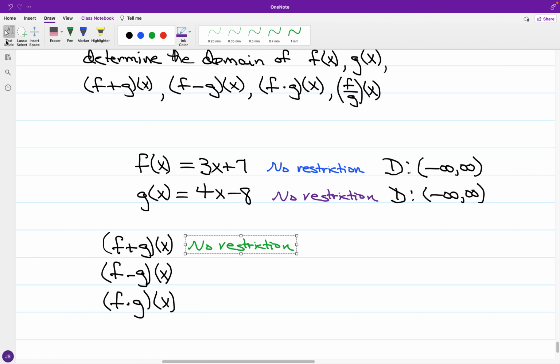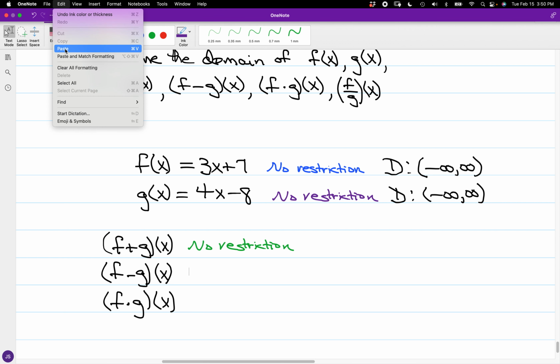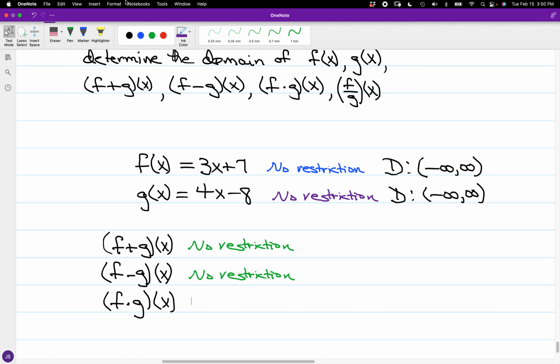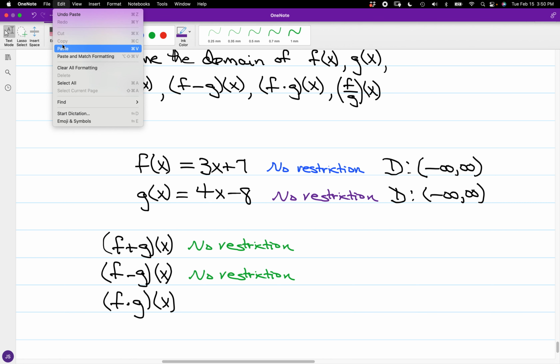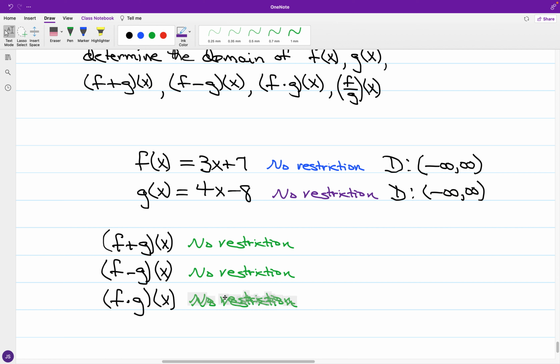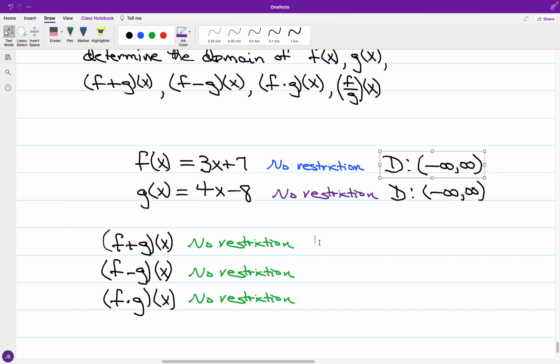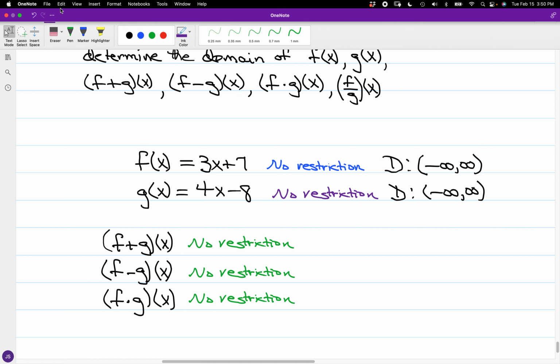So in the case of the sum, the difference, and the product functions, there are no restrictions because there were none for f of x or g of x. So like the individual functions, the domain of the sum, difference, and product functions will be the set of all real numbers.